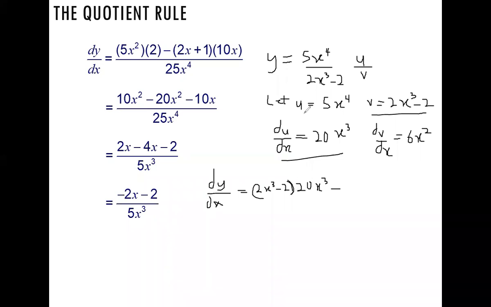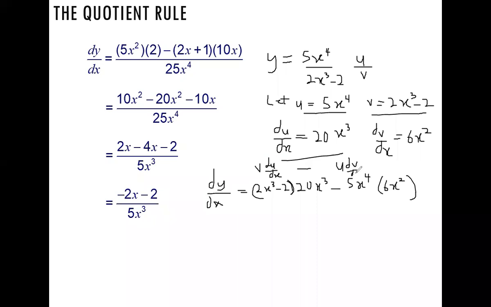we have u, so we are going for u this time. So that will be 5x raised to the power 4. Then we have dv/dx, which will be 6x squared. You get it. So this is v du/dx minus u dv/dx.